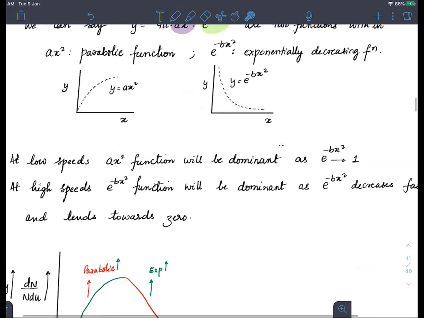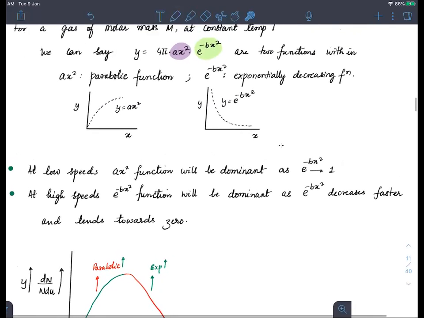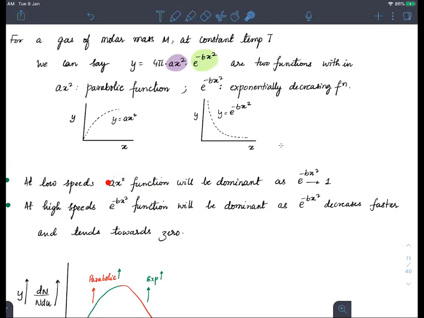At low speeds, the parabolic function is more dominant, because x is very small, so e raised to minus some small value tends to 1.